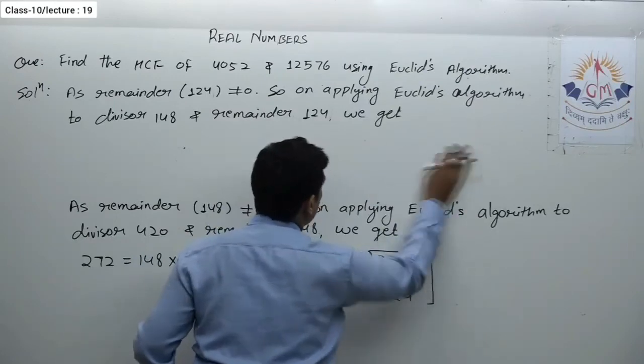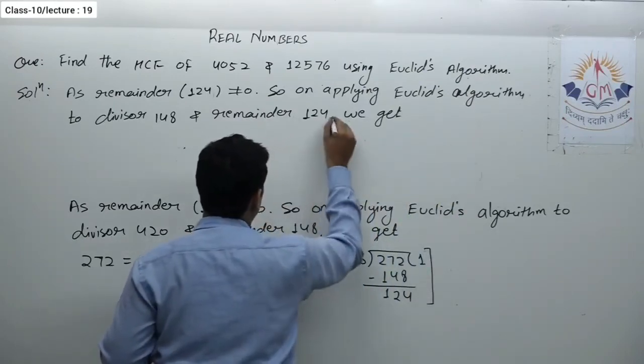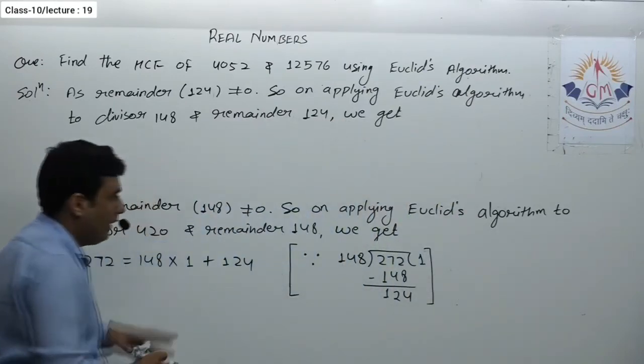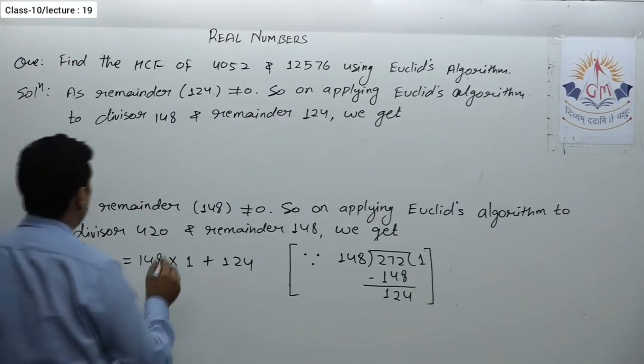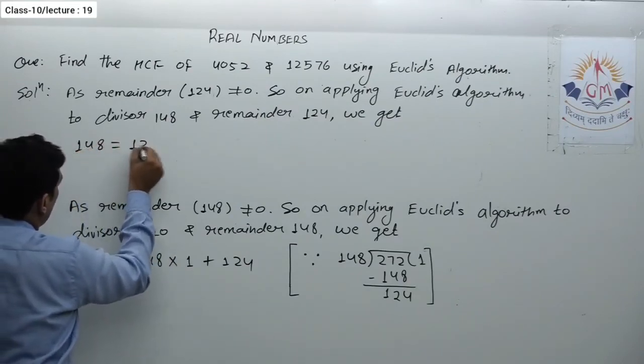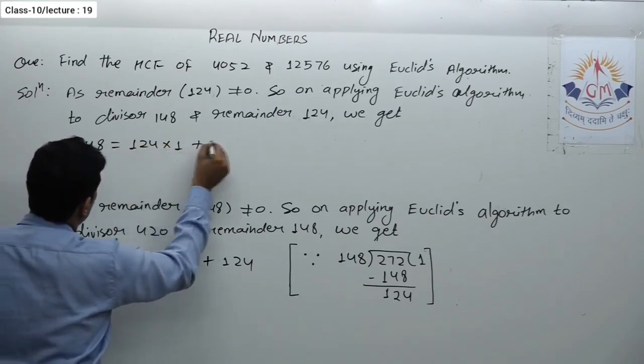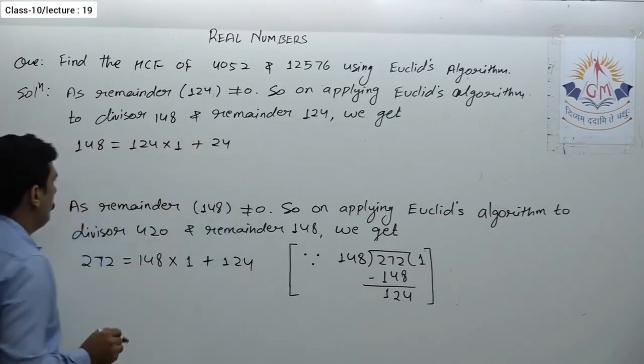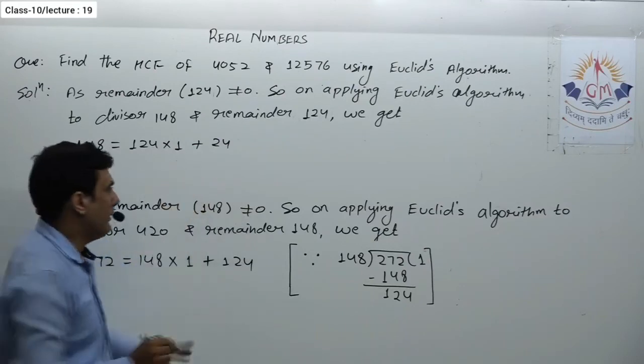I hope you are getting this. This is a little bit long method, but you have to write all these steps every time. So 148 is equal to 124 into 1 plus 24.